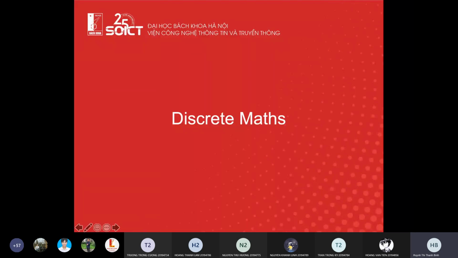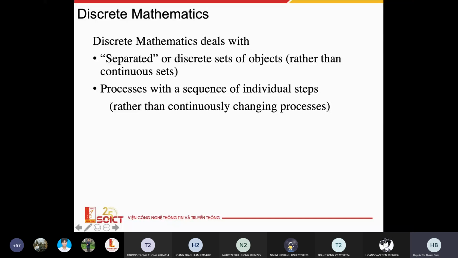Next, I would like to introduce the outline of this course, Discrete Mathematics. Discrete mathematics deals with separated or discrete sets of objects, rather than continuous sets. Discrete math processes a sequence of individual steps, rather than a continuously changing process.